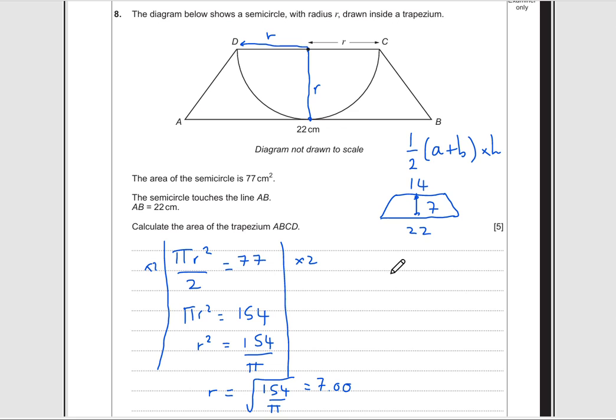Let's pop those numbers into the equation. And that's going to give me an answer of 126, and it's in centimetres squared, as it's an area.